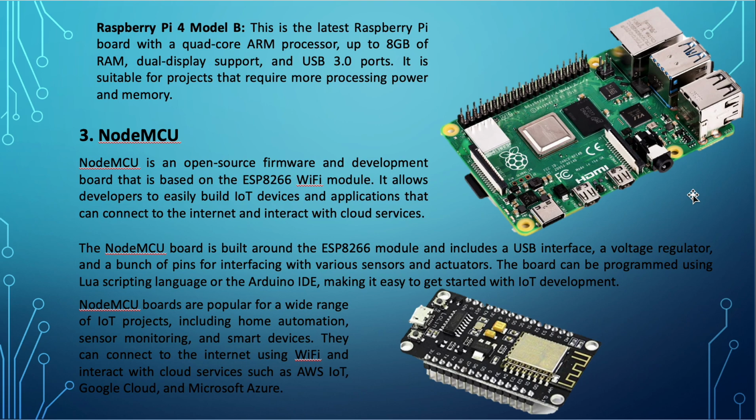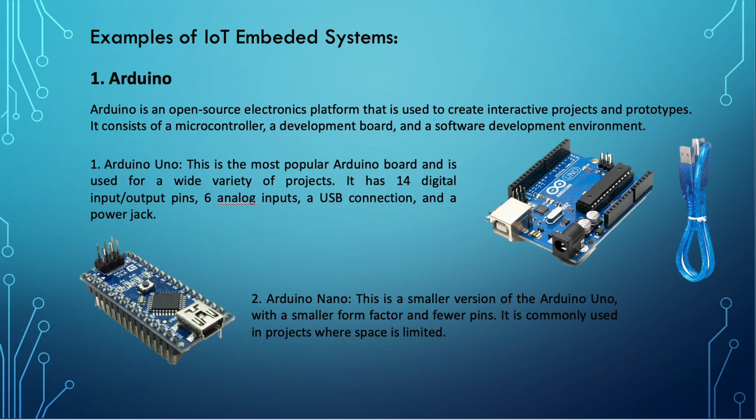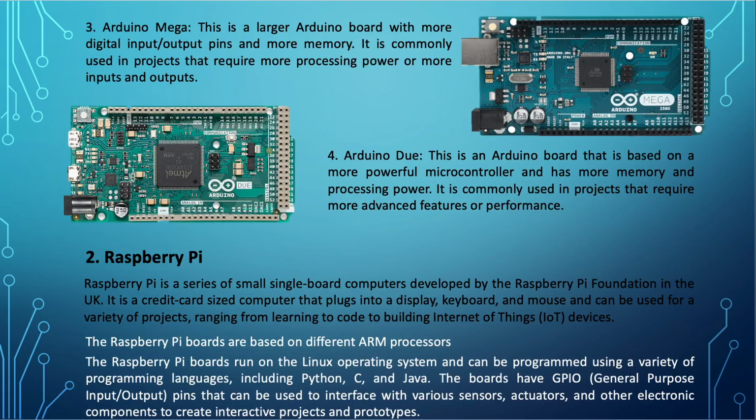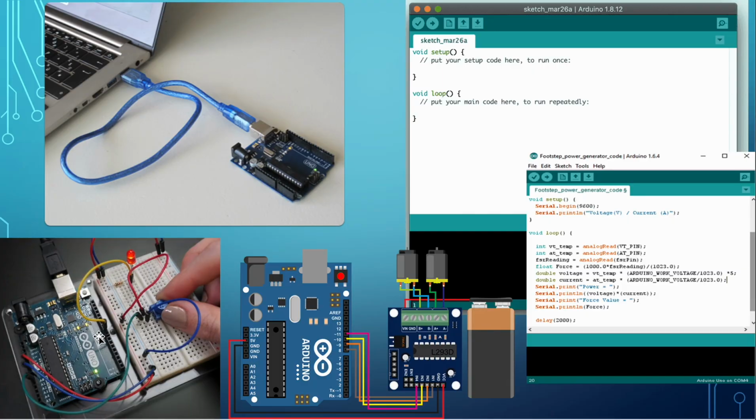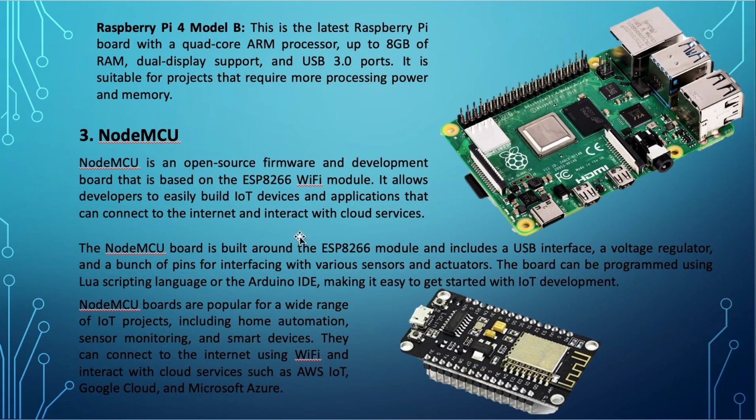So again, we are only taking an introduction to embedded systems, right? In a similar way, as we connect actuators and sensors to Arduino, we can connect actuators and sensors to Raspberry Pi. We have the set of pins. Now we are familiar with what is an embedded system.